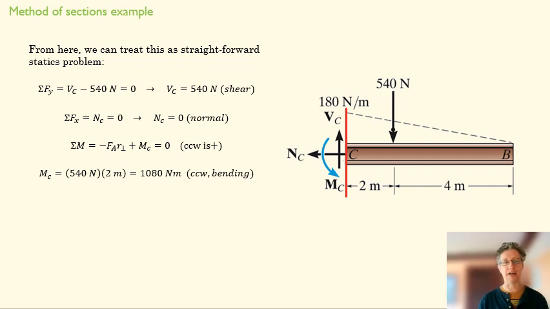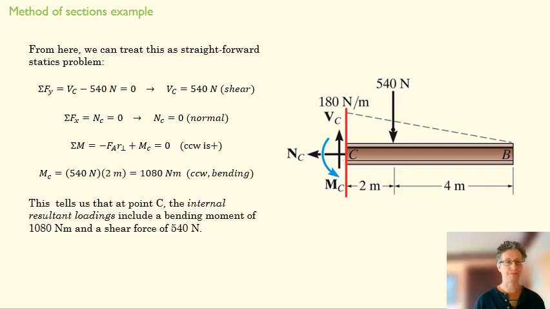We find that it's 1,080 Newton meters. So at the point C, our internal resultant loadings are a normal force of 0, a shear force of 540 newtons, and a bending moment of 1,080 Newton meters.